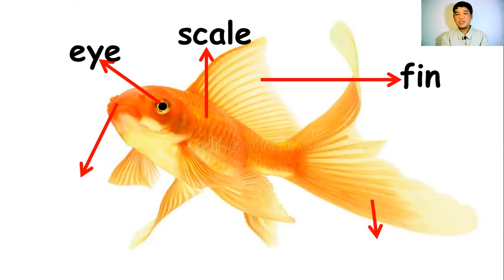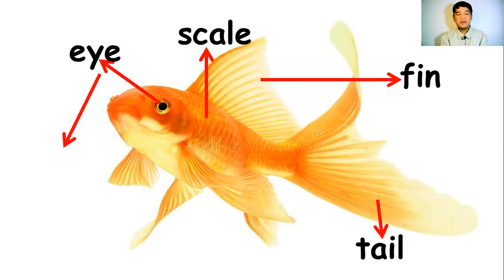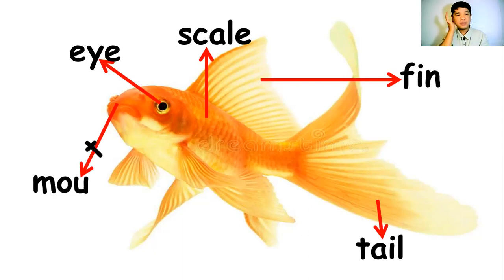And this one is what we call the tail. And then another one is the mouth. All right, so let's learn one by one the main function of the different parts of the fish, okay?